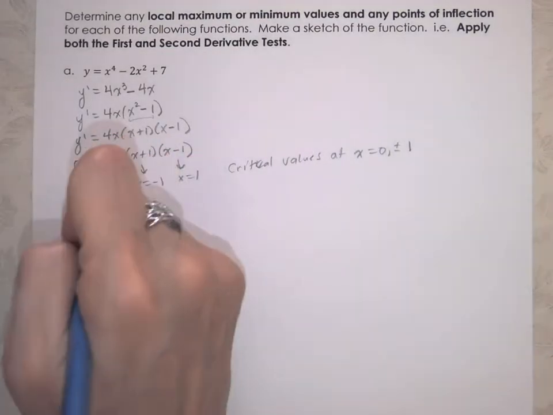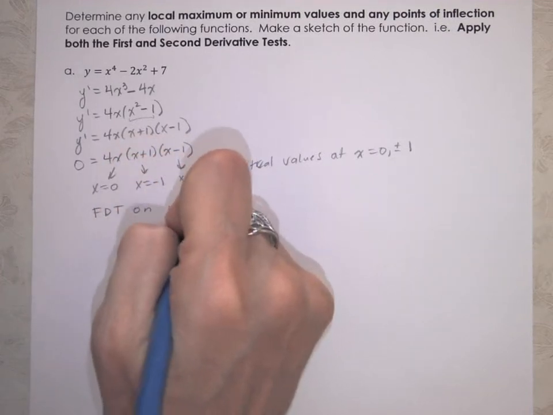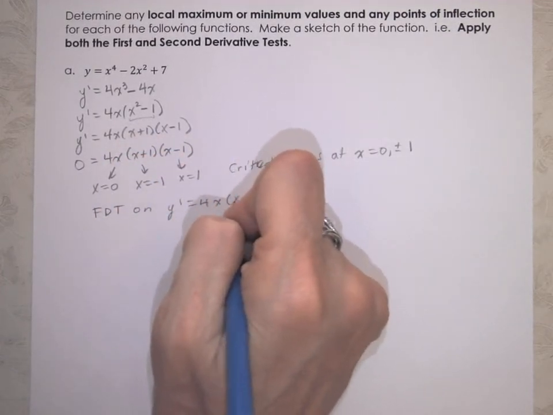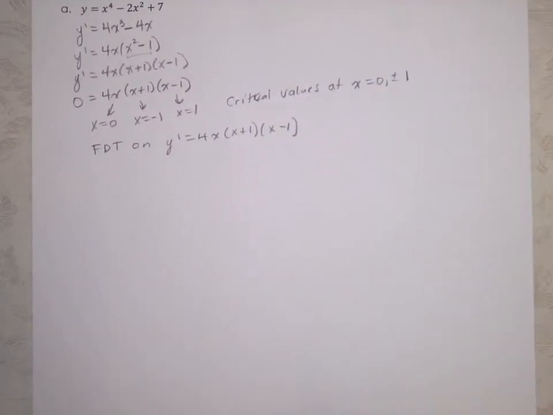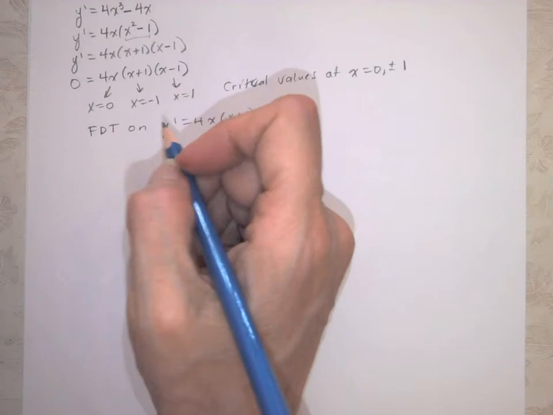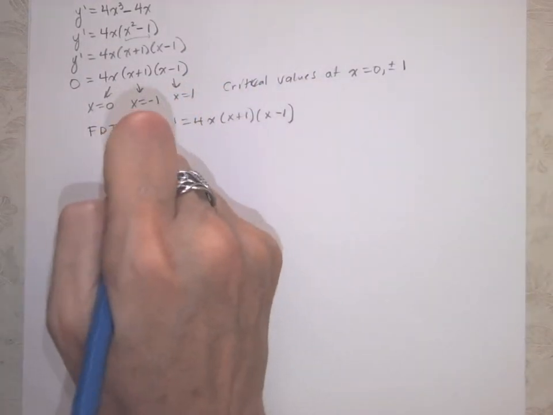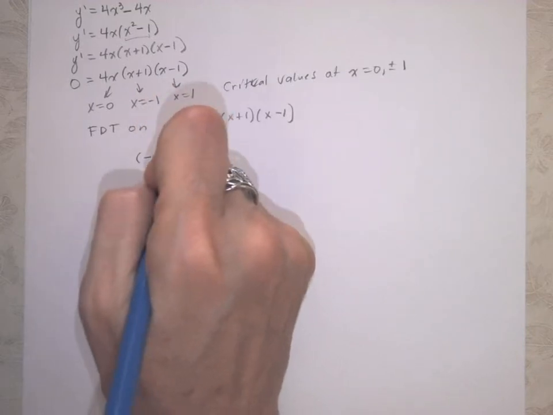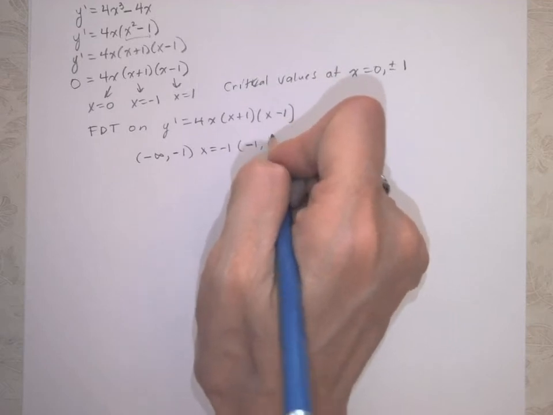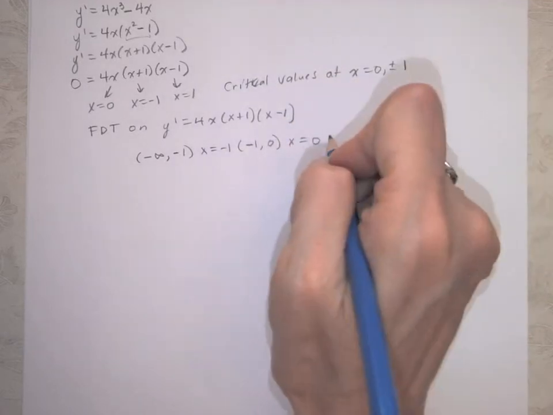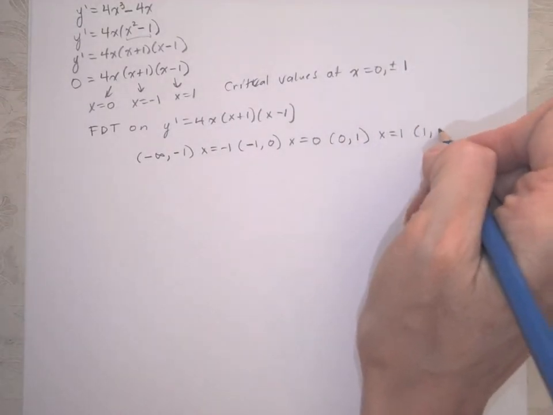So now I can do my first derivative test. My intervals are going to be, using 0, -1, and +1, from -∞ to -1, from -1 to 0, from 0 to 1, and from 1 to infinity.